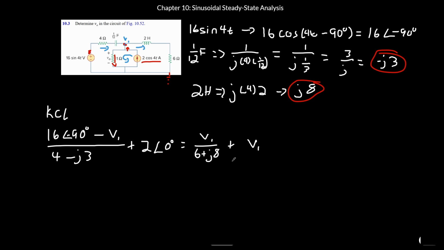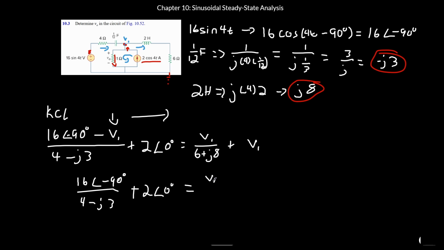Now, how can we simplify this equation? Well, my first thought is to group all the V1s together and see what we can do from there. And for that, we could just simply take this V1, move it to the other side, and keep the polar on this side. So we could just have 16 at negative 90 over 4 minus j3 plus 2 at 0 degrees is equal to V1.